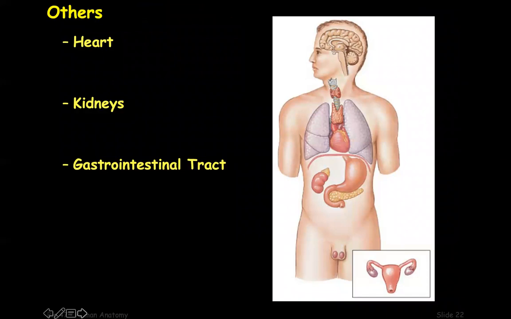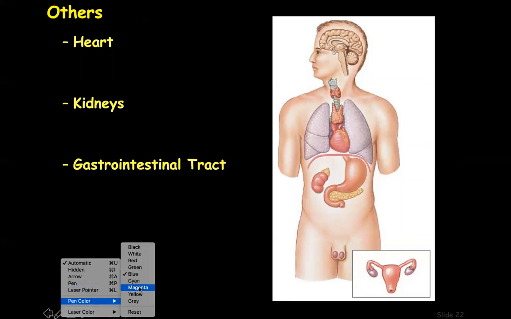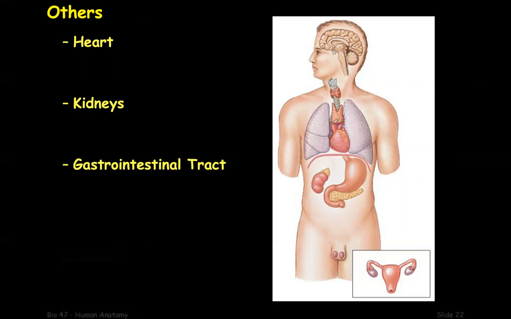Other organs that serve an endocrine function: there are a lot of tissues and organs throughout the body that secrete some hormones. So they secrete chemicals that travel through the body and affect other tissues. So cells within the heart secrete atrial natriuretic hormone, which increases fluid loss of the kidney and reduces blood volume and pressure.